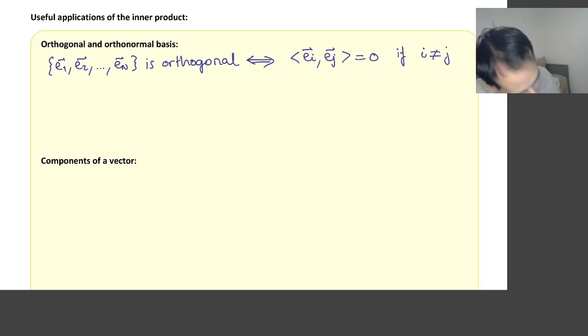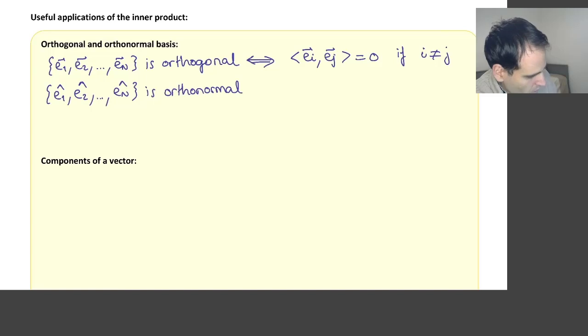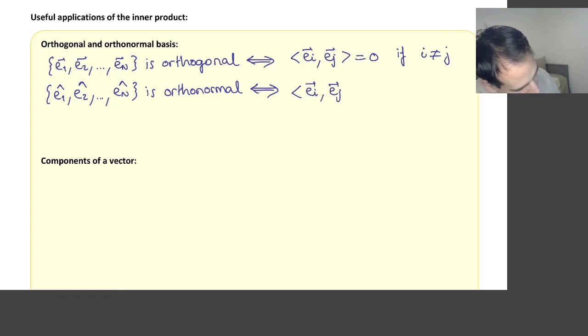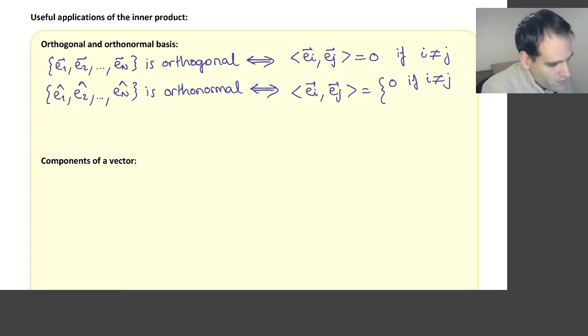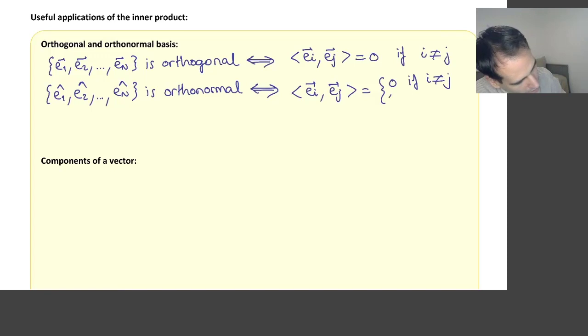Yes? Now, a basis is orthonormal, and now we can use hats to denote the vectors in the basis. So a basis is orthonormal if and only if the inner product of a vector ei in the basis with a vector ej in the basis is equal to 0 if i is different to j, which is the same as saying that the basis is orthogonal, and it's equal to 1 if i is equal to j.